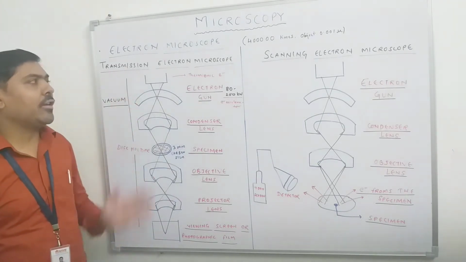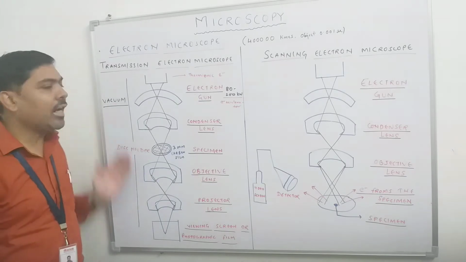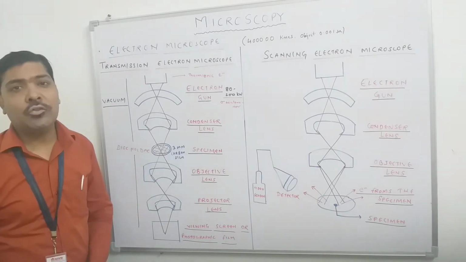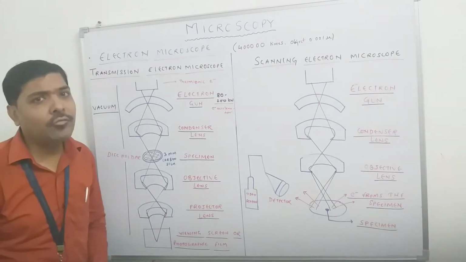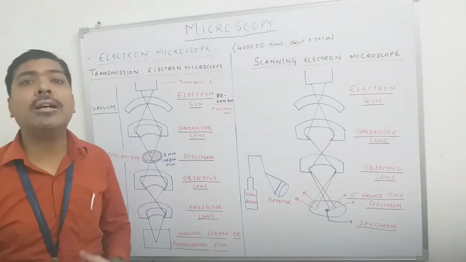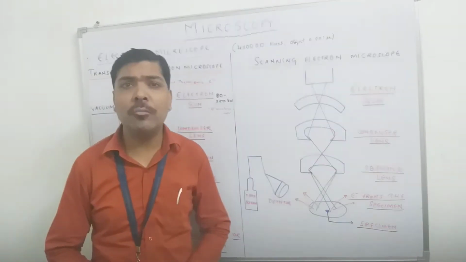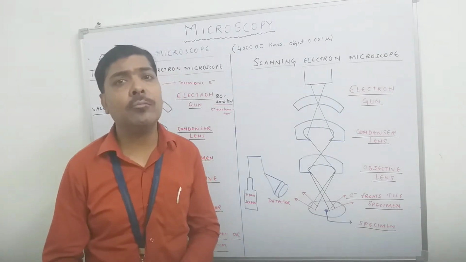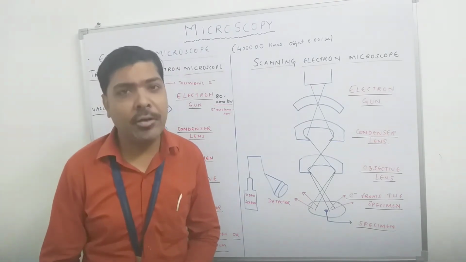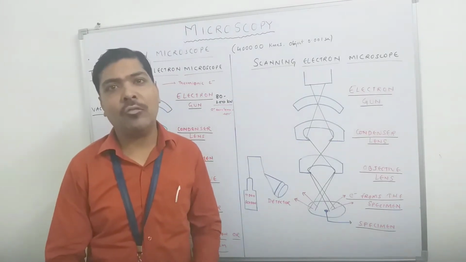The transmission electron microscope is operated under vacuum conditions. So the first requirement of the instrument is that the operation is done with the help of a vacuum.